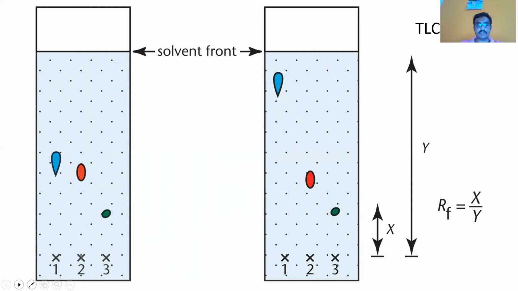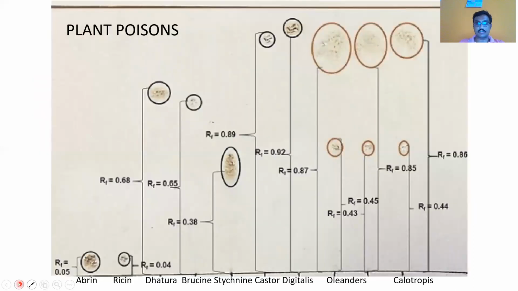So now we'll start to understand how we can put it into work for our advantage in forensic science. The first application of TLC starts with plant poisons. There are multiple plant poisons that you'll be learning as part of your toxicology lectures later on.